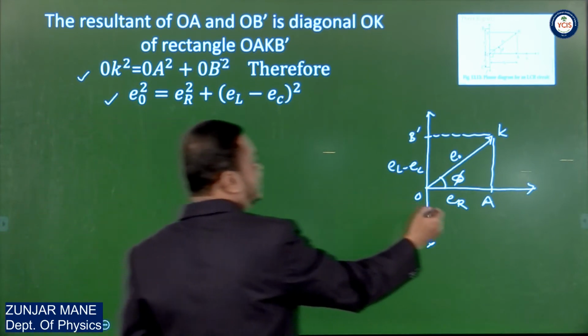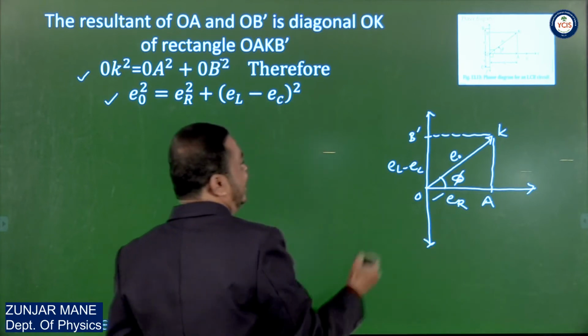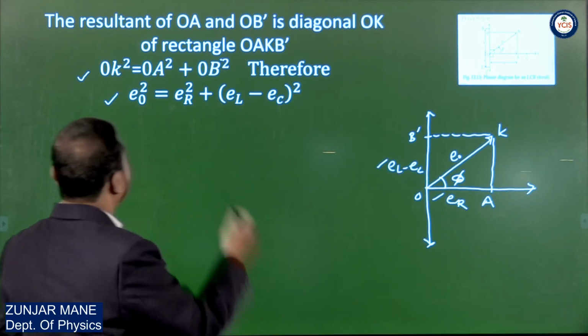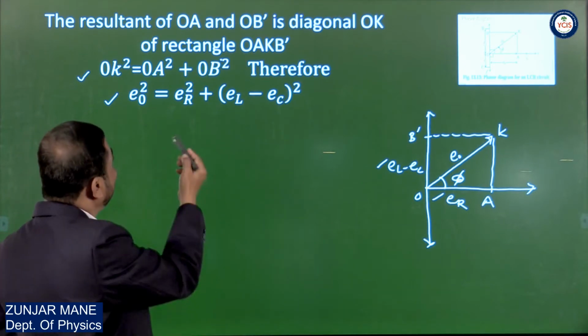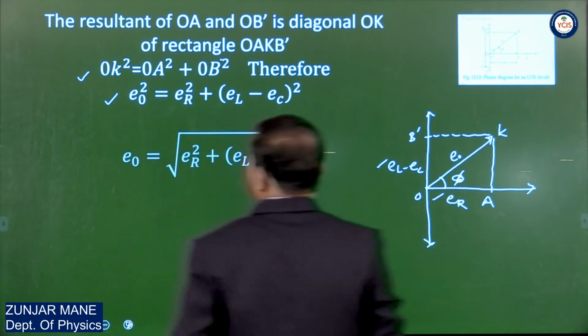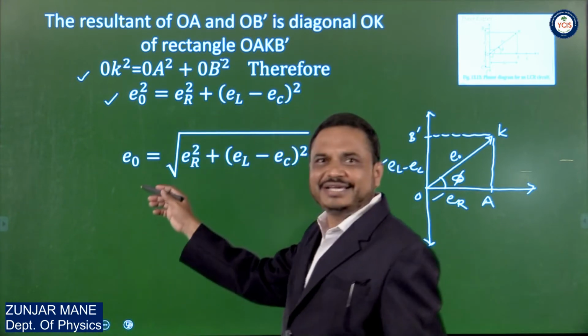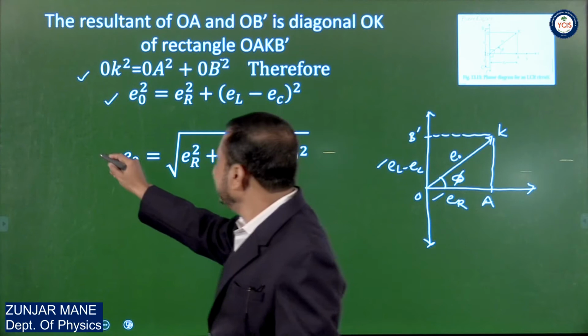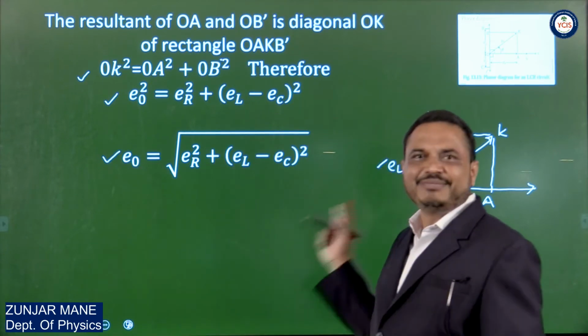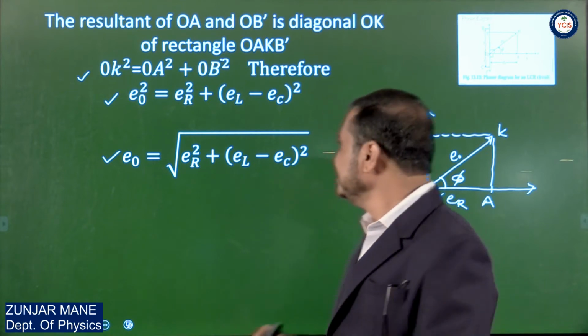The value of this vector OA is ER, and the value of OB dash is EL minus EC. So we have E0 square equal to ER square plus (EL minus EC) square. Now if we take the square root of both sides, we have E0 equal to under root ER square plus (EL minus EC) square.